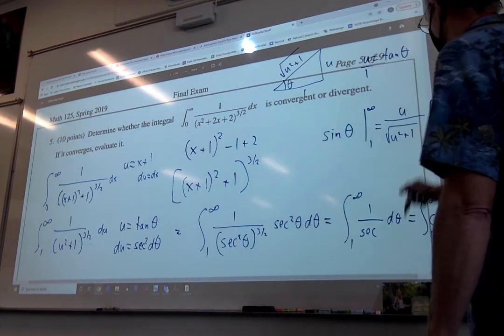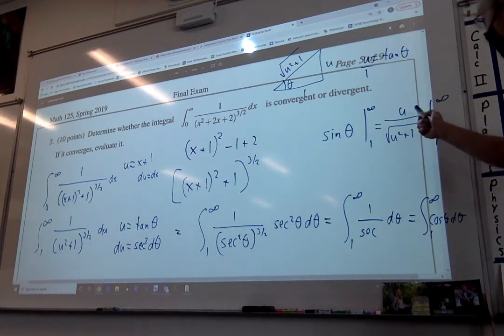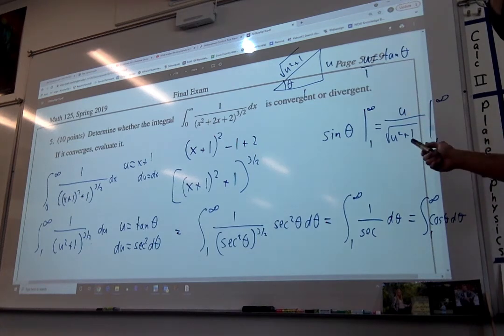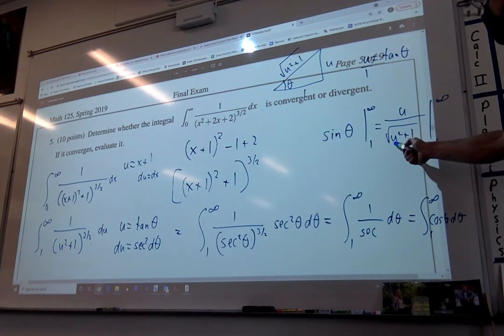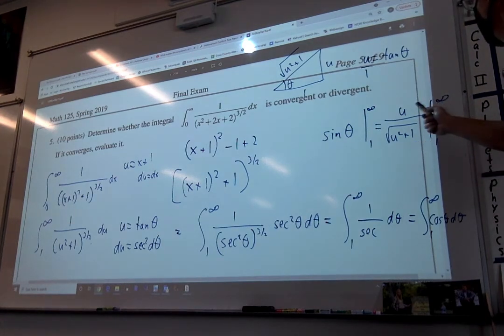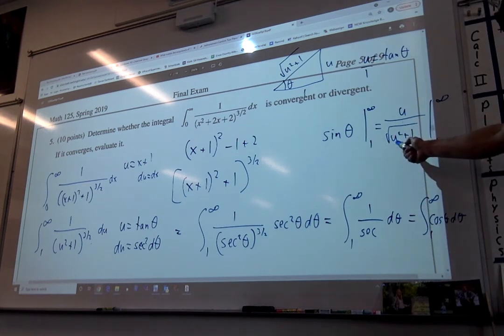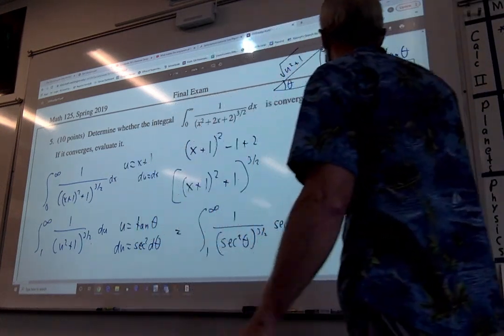Okay, now we can do it. That earlier stuff was wrong because we have to go back to U's. Now, what happens when U equals 1, or when U equals infinity? The 1's easy: you put 1 in, you get 1 over square root of 2. When you put infinity in, we get infinity over infinity. The way you do these, you have to remember how to do limits.